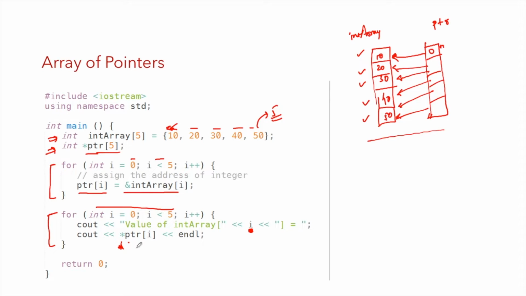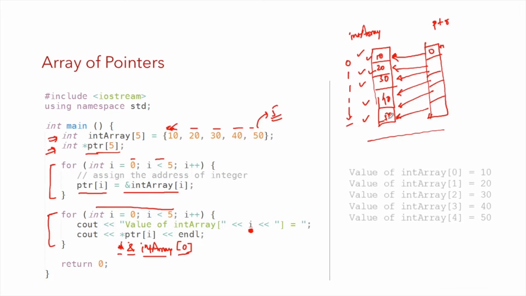So I'm writing the address location of integer array 0, so the value at the address of integer array 0, which is 10 for the 0th iteration, will be printed. Similarly, in the second iteration, where i becomes 1, 20 will be printed, and so on. In the last iteration, 50 will be printed. So this is the output of this program.